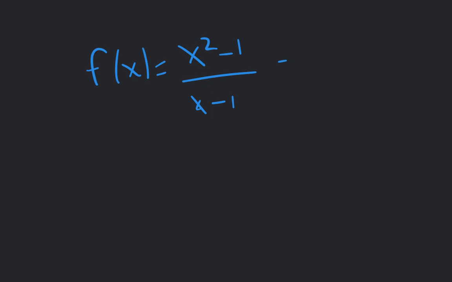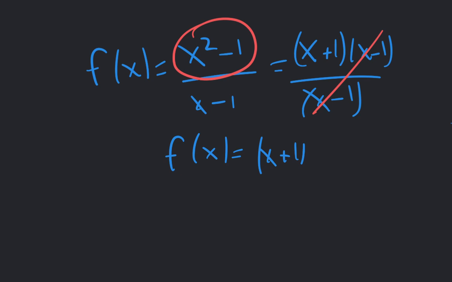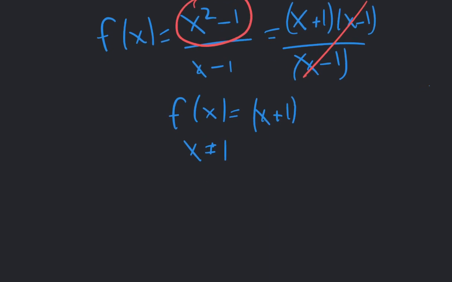Using a little bit of algebra, we could see that this numerator here is a perfect square, and factoring that, we can get this, and we are allowed to cancel that. So it would be something like this, but x cannot equal 1 because that would be division by 0. Even though we canceled the terms out, you still cannot do that.